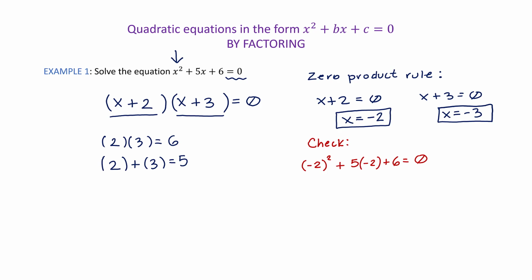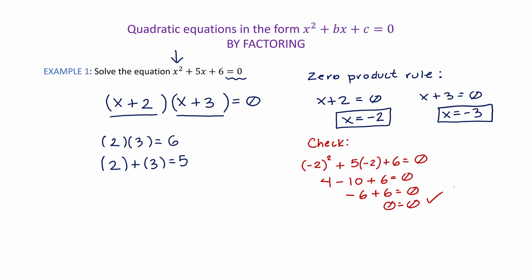And we solve. The square of minus 2 is 4. 5 times minus 2 is minus 10. Then we have plus 6 equals 0. 4 minus 10 is minus 6. Plus 6 has to give us 0. Minus 6 plus 6 is 0. Therefore, we are correct. So the first solution, x equals minus 2, is correct.